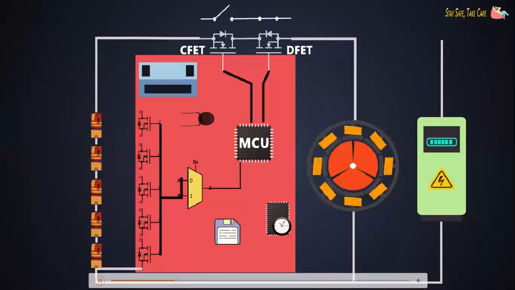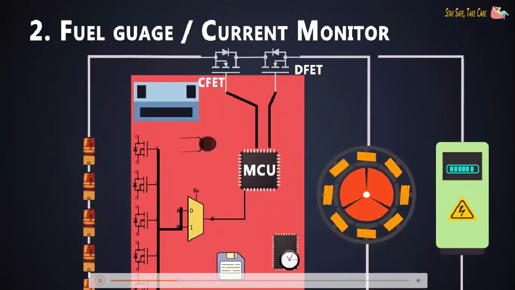If the voltage at the input pin is not present, then BMS determines that the motor is connected.